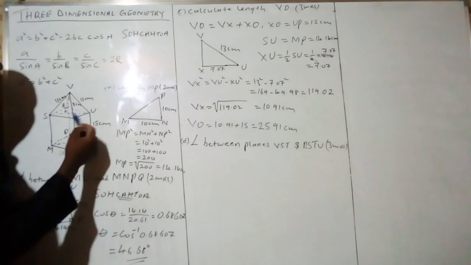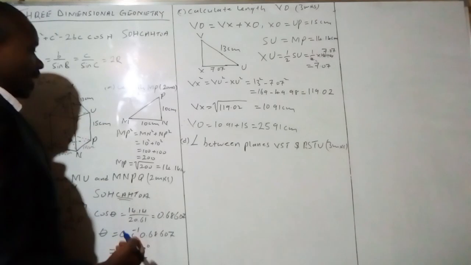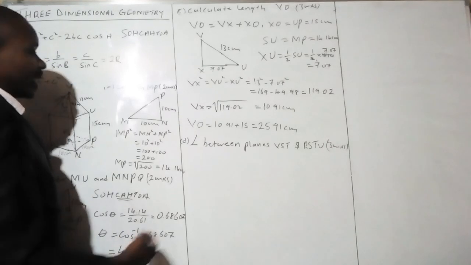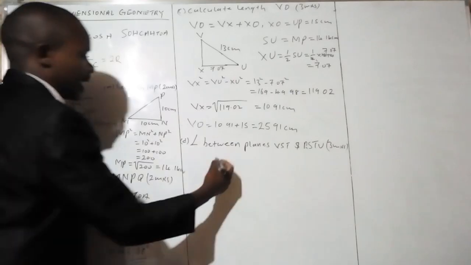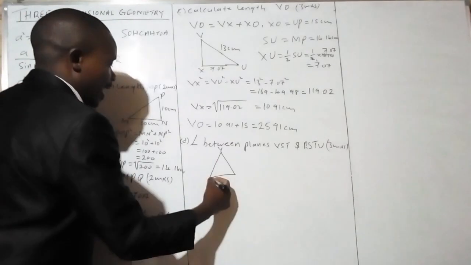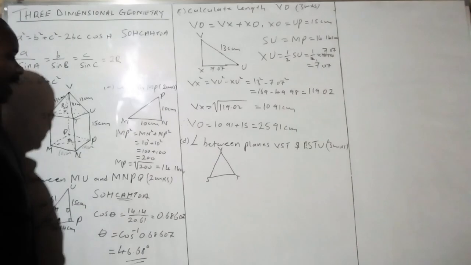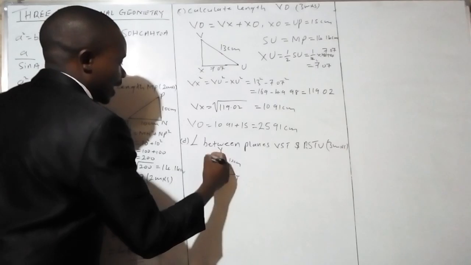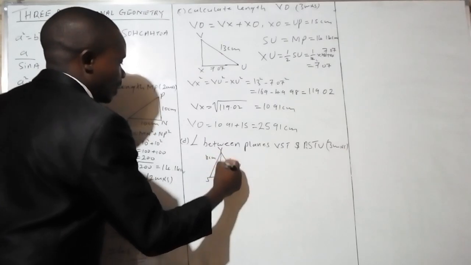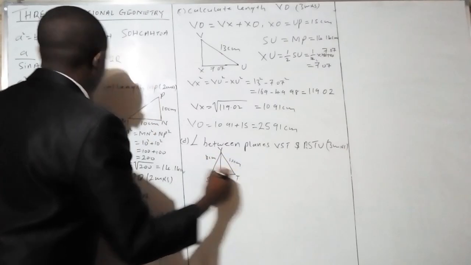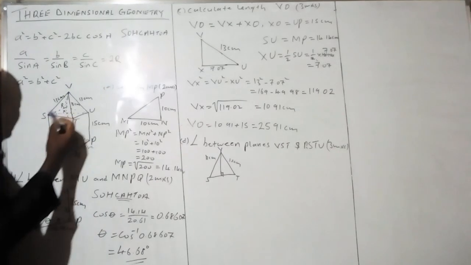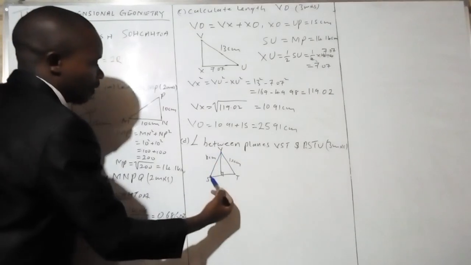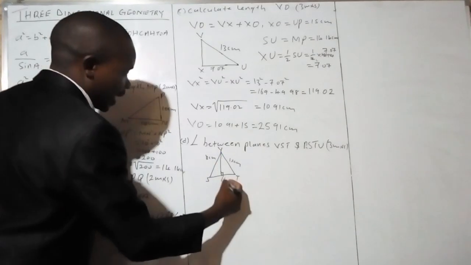First of all, you can extrapolate VST like that. You know VT is 13. Drop a perpendicular line from V to the mid of ST. We can call it K. Then we get the length VK.